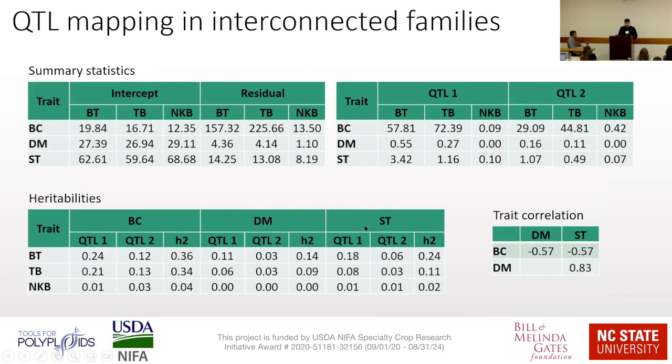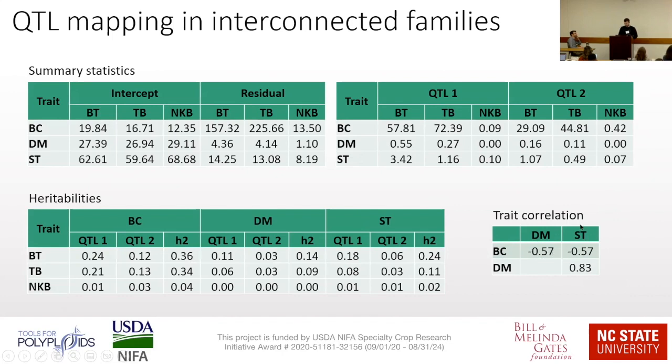So here you can see that, as you imagine, for these three traits we have the same QTL controlling them. So there's a high genetic correlation between those traits. Between beta carotene and dry matter, we have a negative correlation of minus 0.57.